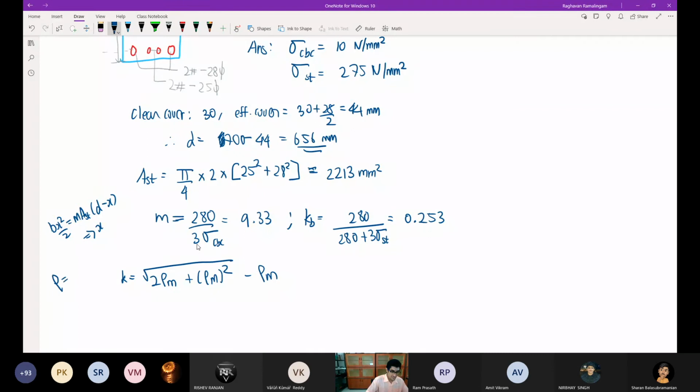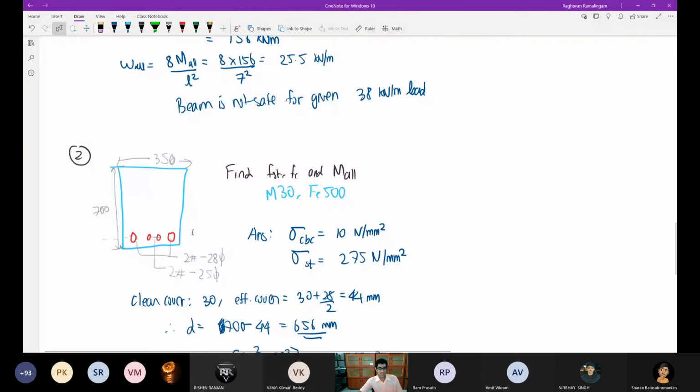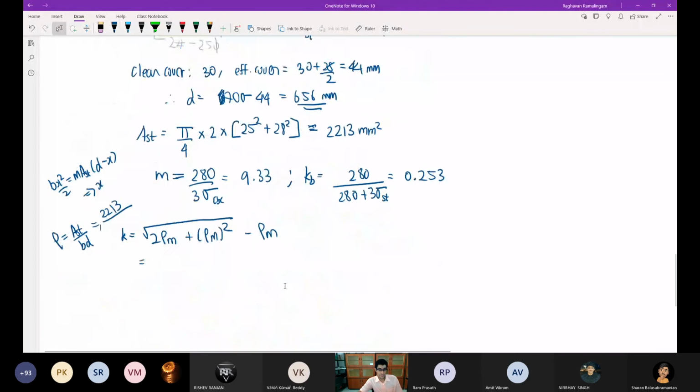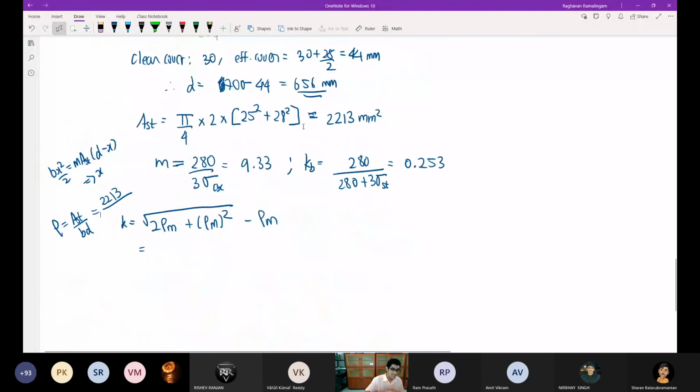Rho is nothing but the ratio of steel. So you can use this or this, whatever you feel you want to use. Anyway, if I use this, rho is nothing but 2213 divided by 350 by 656.